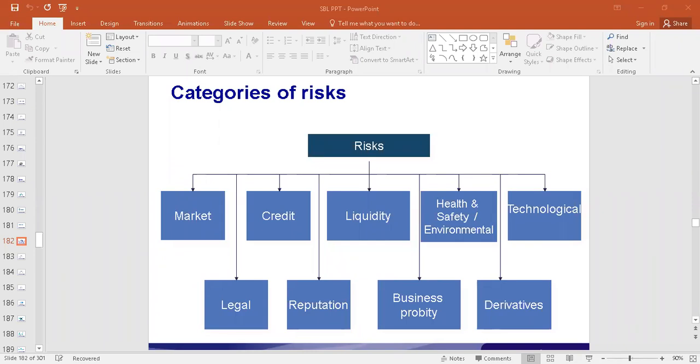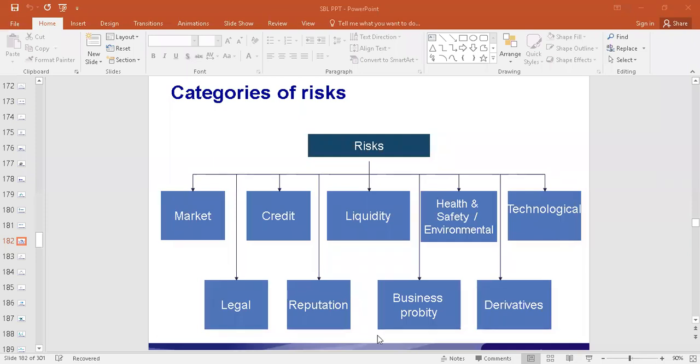So they deal with derivatives. On account of being involved in the use of financial instruments, if there is any amount of risk present because they are dealing with derivatives, it is referred to as risk on account of derivatives.